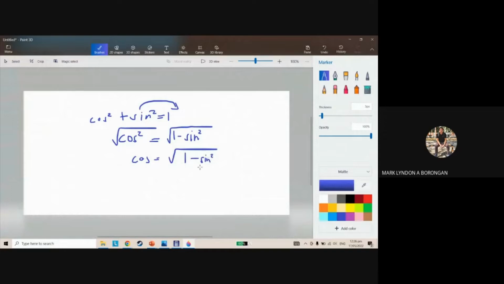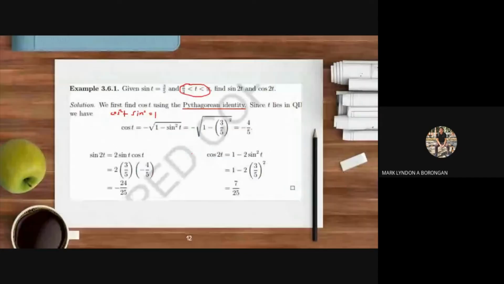Now, take note that the cosine here is negative. It is negative because the angle is in the second quadrant.